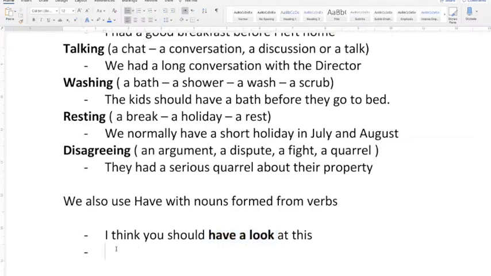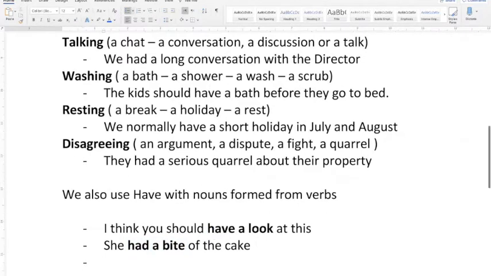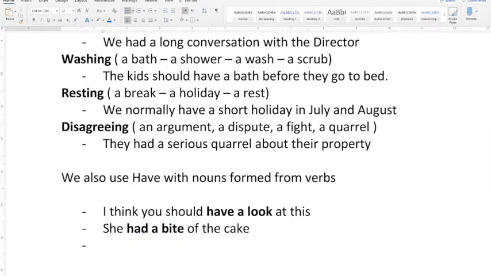Or we can say, she had a bite of the cake. She had a bite of the cake. So had a bite of the cake is used in this way. Or just the last example before I move on to take, I can say, for example, they are going to have a swim.